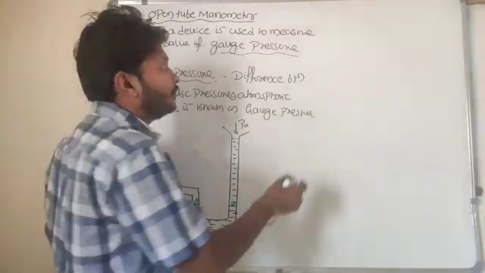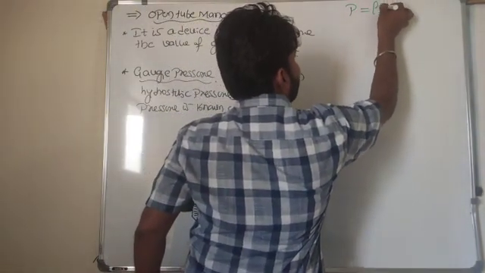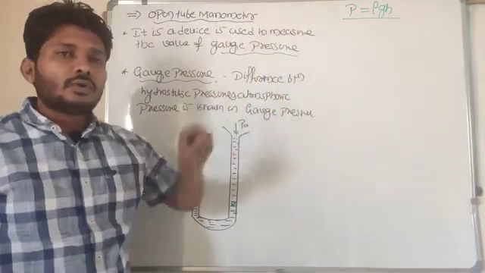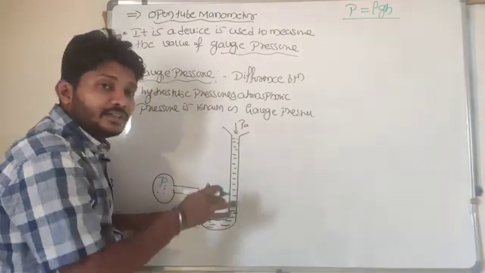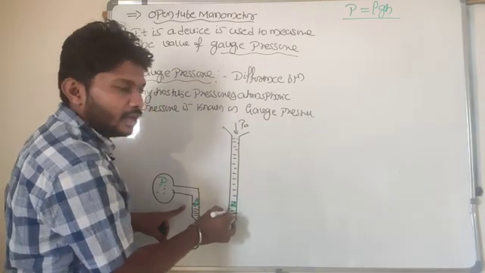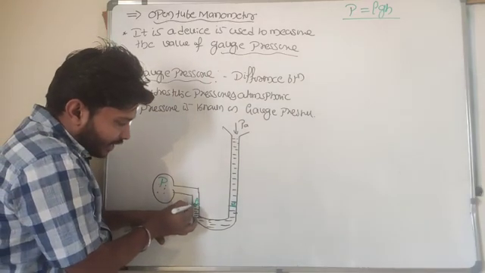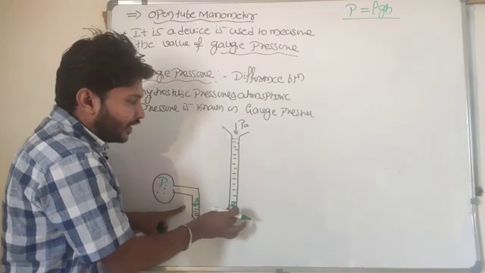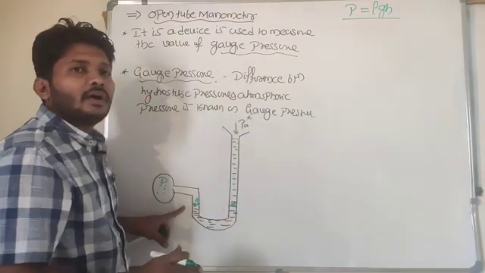Pressure exerted by the liquid column: we have the generalized formula, P equals rho g h. So pressure at point A is equal to the sum of pressure at point B due to the liquid column and atmospheric pressure.